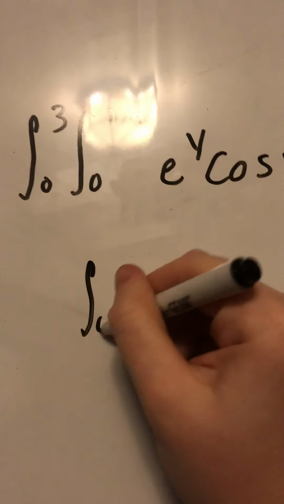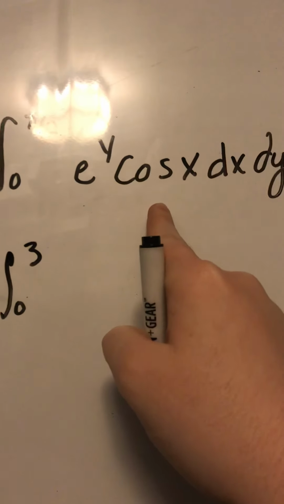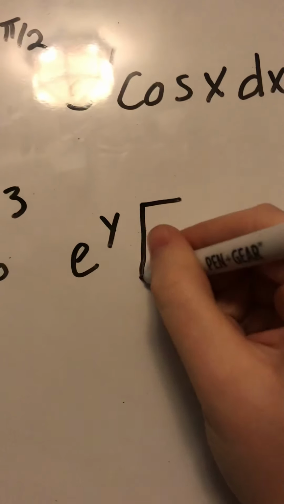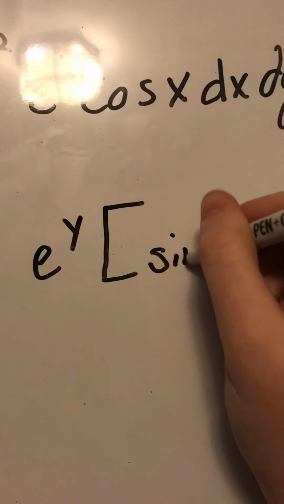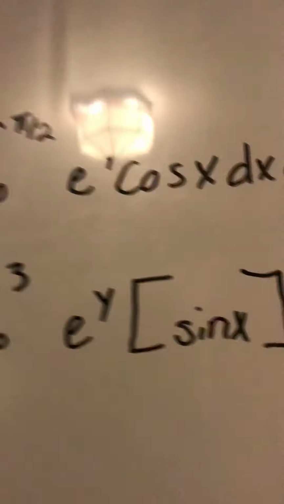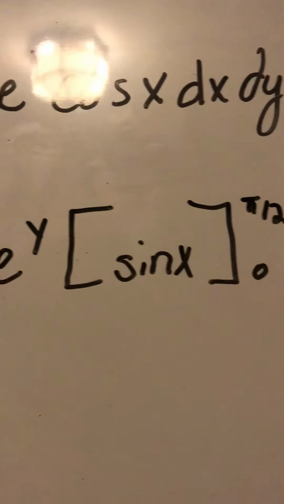So this gives us the integral from 0 to 3. The integral of cosine x is sine x. So we have e to the y times sine of x evaluated from 0 to pi over 2 dy.